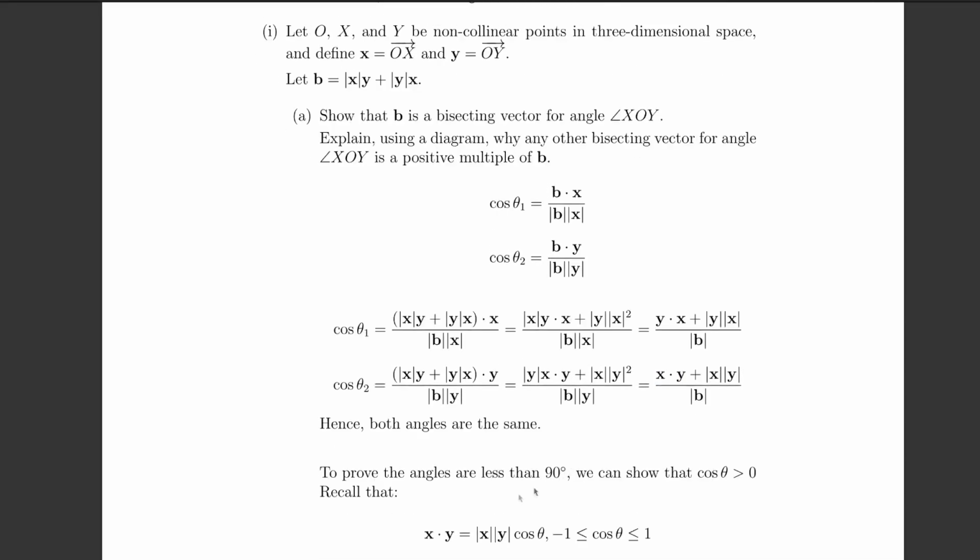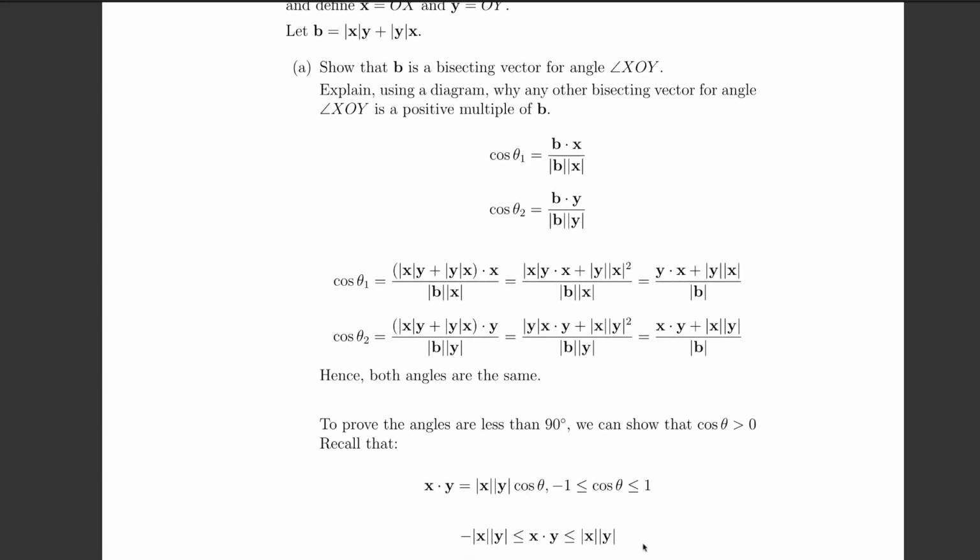To do that, we can consider the dot product, because we can get an inequality from that. And that involves these two terms. Just consider when cos theta is -1 and cos theta is 1 to get the full range. And then you get something like this.